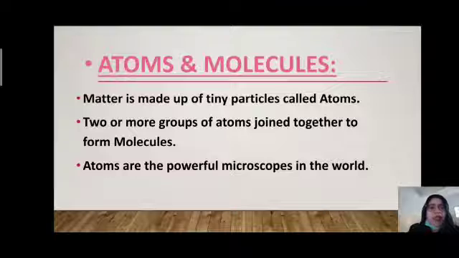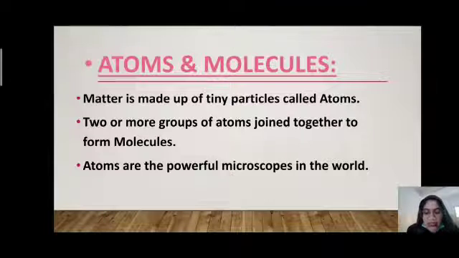All the things in the world are made up of matter. Atoms are so small that they can only be seen through the most powerful microscopes, because they are such tiny particles that they cannot be seen by the naked eye. We need a microscope to examine an atom.